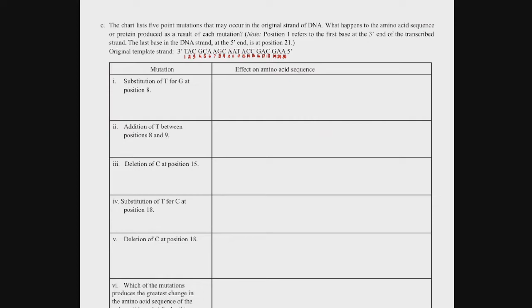Anyway, so substitution of T for G at position 8. Position 8 is right there. This little highlighted G. And a substitution of T for G, we have AGC. This would change this to ATC.